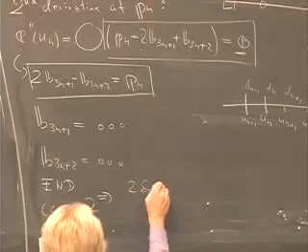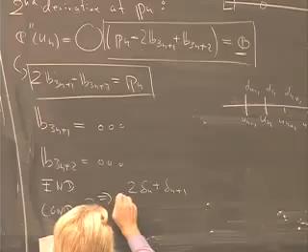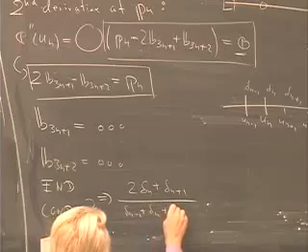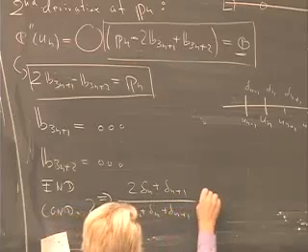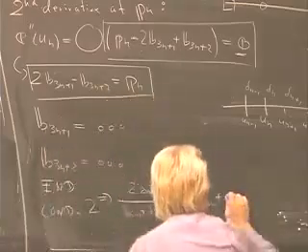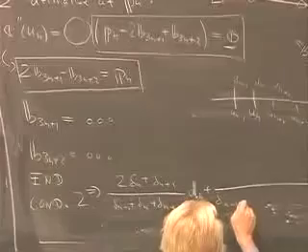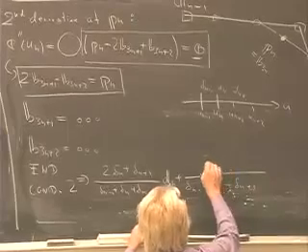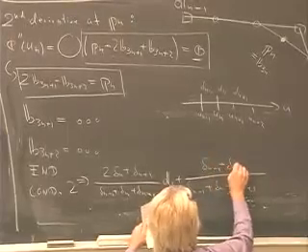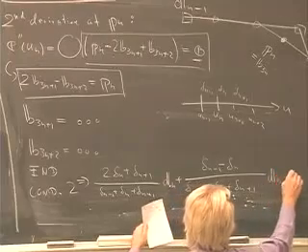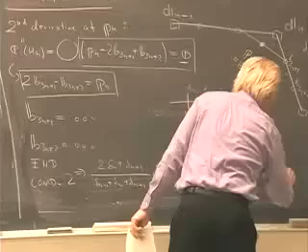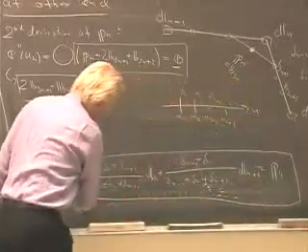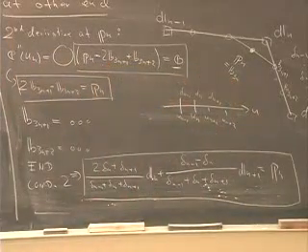It's 2 delta n plus delta n plus 1 divided by the sum of these deltas, delta n minus 1 plus delta n plus 1, times dn, plus, again dividing by delta n minus 1 plus delta n plus 1, delta n minus 1 minus delta n times dn plus 1 equals, on the right-hand side, the last point, Pn. So this is the second end condition at the other endpoint.